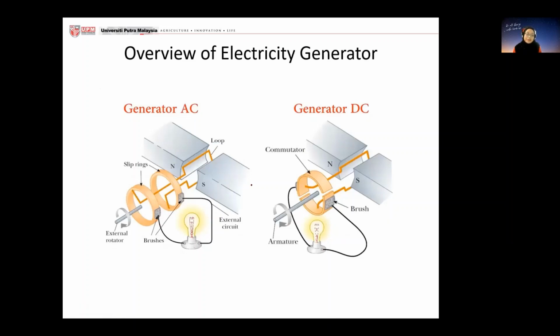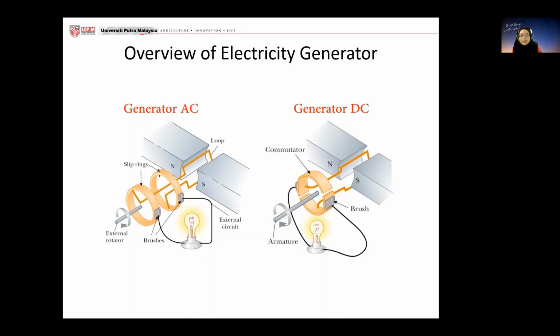So this is a better representation, a comparison between the two types of generator. I think this makes it more clear. This ensures that you can turn your loop without causing any problems to the external circuit. So you have to look at that and think back.